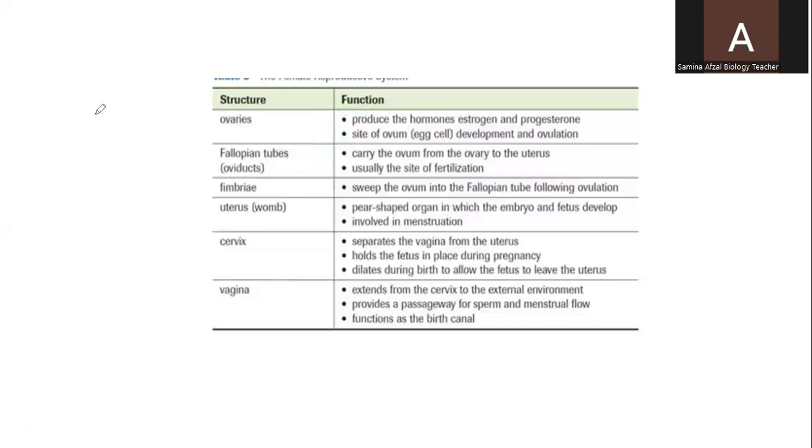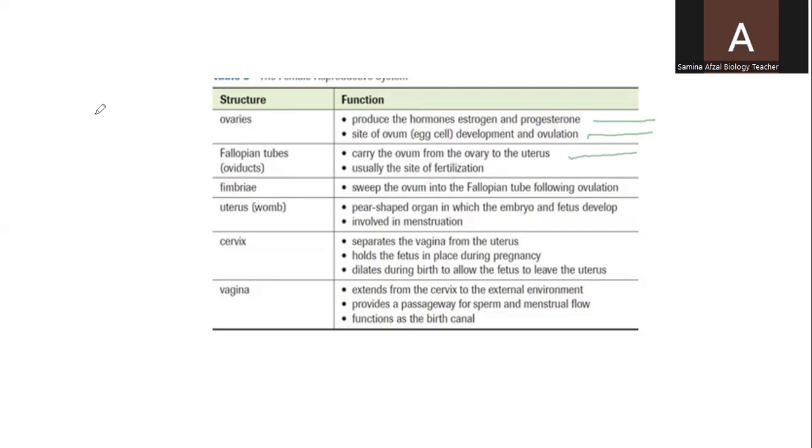The ovaries produce the hormones estrogen and progesterone, which are female hormones. They are the site of ovum development and ovulation. Eggs are also released from these ovaries. Then the oviducts carry the ovum from the ovary to the uterus.